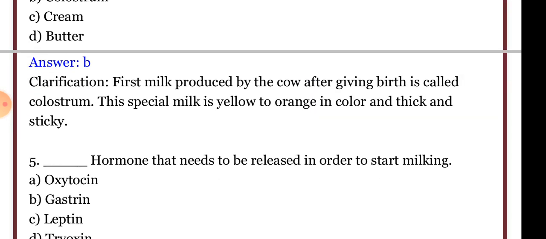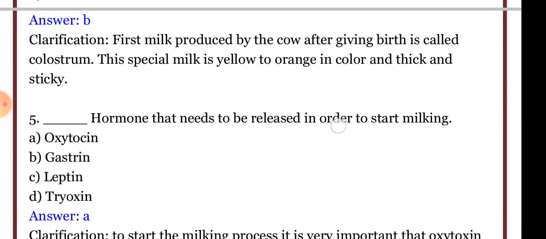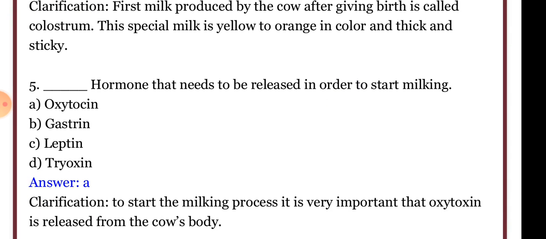The hormone that needs to be released in order to start milking is oxytocin. Oxytocin is also released as a reflex known as the Ferguson reflex. This reflex is produced during the birth of the calf, when the forelimbs of the calf hit the uterine lining or the cervical lining, and they signal the brain to release oxytocin.